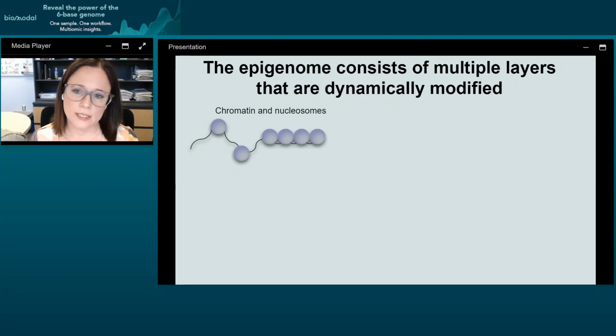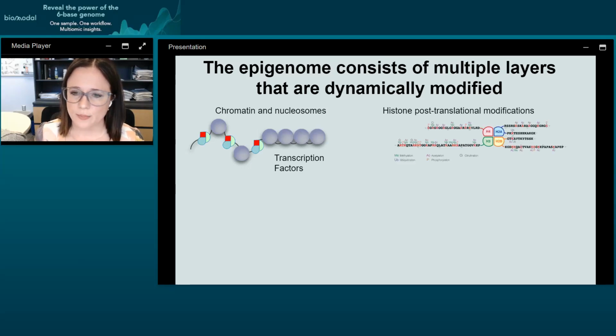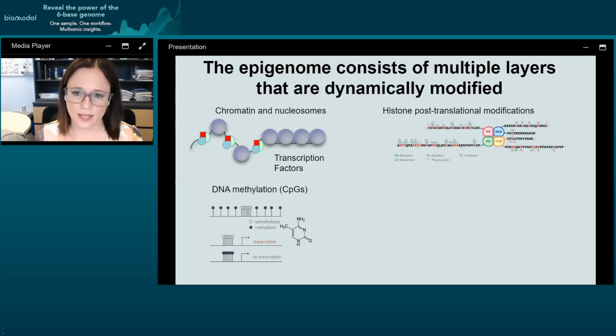This includes chromatin that's made up of nucleosomes that repositions around gene regulatory elements to restrict or permit access to transcription factors. The nucleosomes themselves are made up of histones that have amino acid tails that are post-translationally modified in a combination of ways that reflect the local genome activity of these gene regulatory elements.